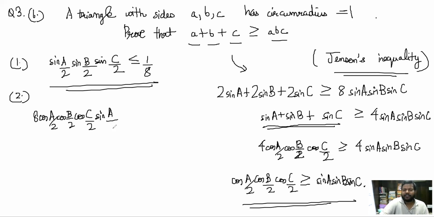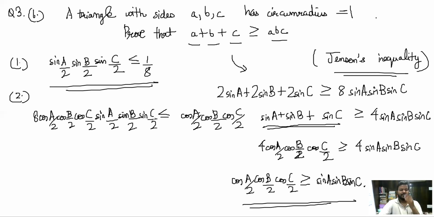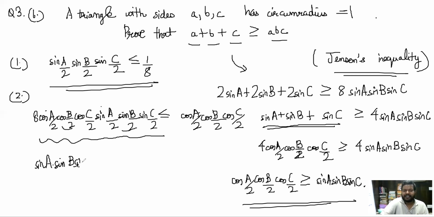I'm multiplying both sides of this inequality with this, and I'm getting cos(A/2) cos(B/2) cos(C/2) because 8 and 8 get cancelled. And immediately it works out, right? This is the double angle formula. 2 sin(A/2) cos(A/2) is simply sin A. So the 2 goes in that, and the 2 comes with B/2. So sin A sin B sin C is less than or equal to, we have proved, cos(A/2) cos(B/2) cos(C/2).